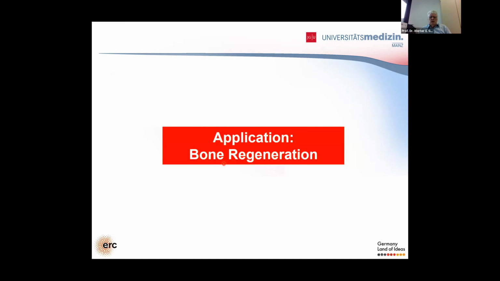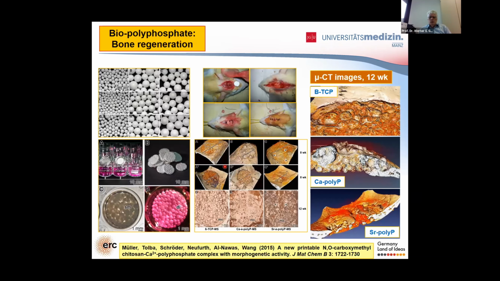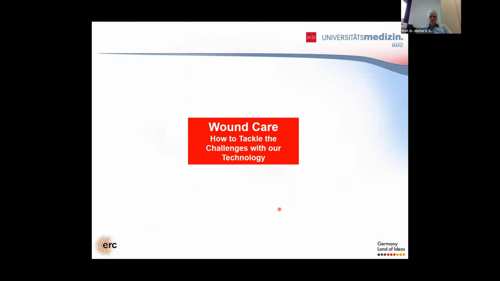Publication bone regeneration, we included nanoparticles into microspheres, added it to the bone defects, and saw that here we use strontium polyphosphate. We saw that it is highly regenerative and is causing almost complete healing of the bone fracture in rats and in mice.